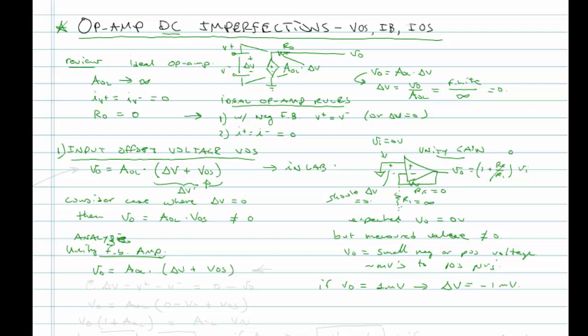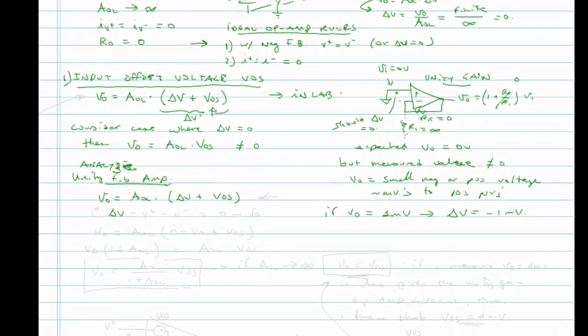And what is delta V? Delta V is equal to V plus minus V minus, and V plus is equal to 0, and V minus is equal to V out. So let's plug that in.